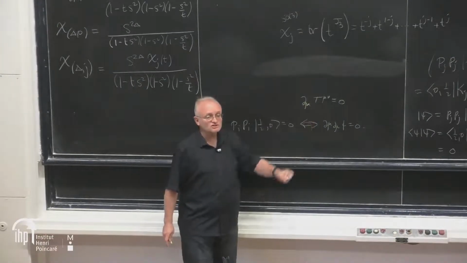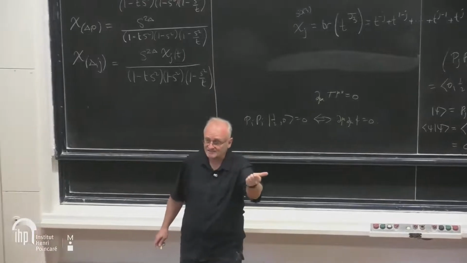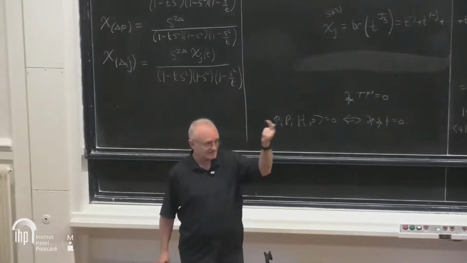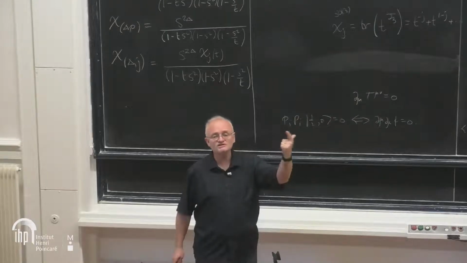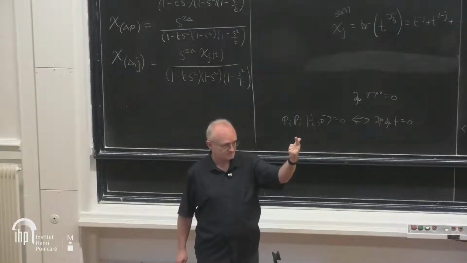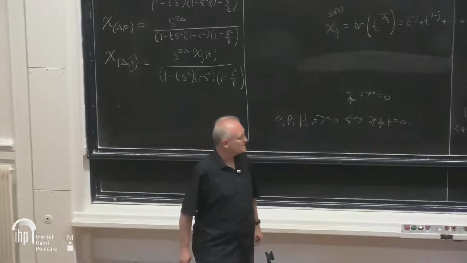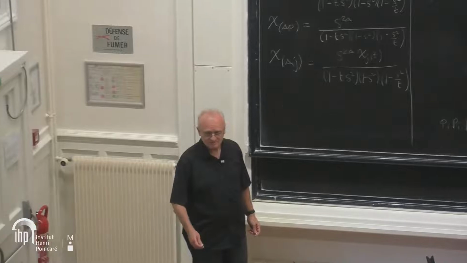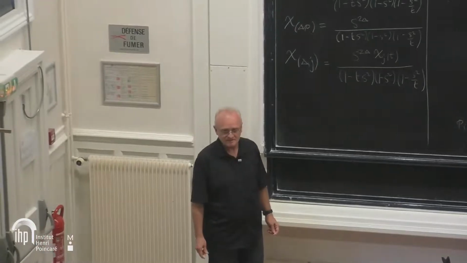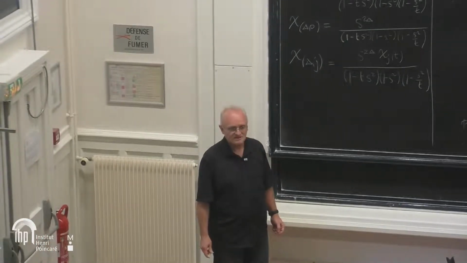So whenever you've got conserved currents, there are null states. When you've got fields which are like the free field of the theory, there are null states. And those are the two situations in which you get null states. Okay? So let's now write. Statements, and only statements. You get a null state if and only if you have a free field or a conserved current. Yes.